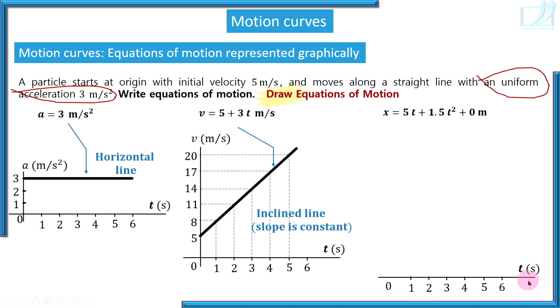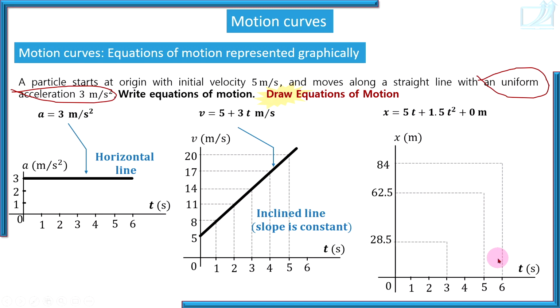Along the x-axis I have taken time, along the y-axis I have taken position. At t equal to 3 seconds, position is 28.5. At t equal to 5 seconds, position is 62.5. I have chosen some time instant values randomly to get corresponding positions. So at t equal to 6, position is 84 meters, and of course at t equal to 0, position is 0. So if you join all these points, you get a curve and it is a parabola.